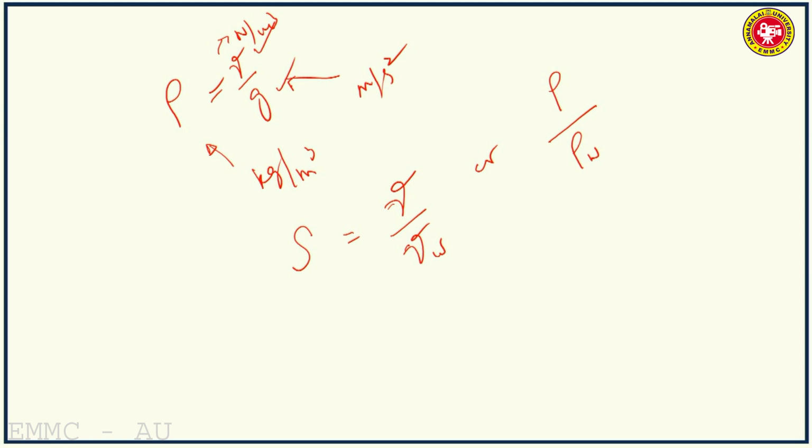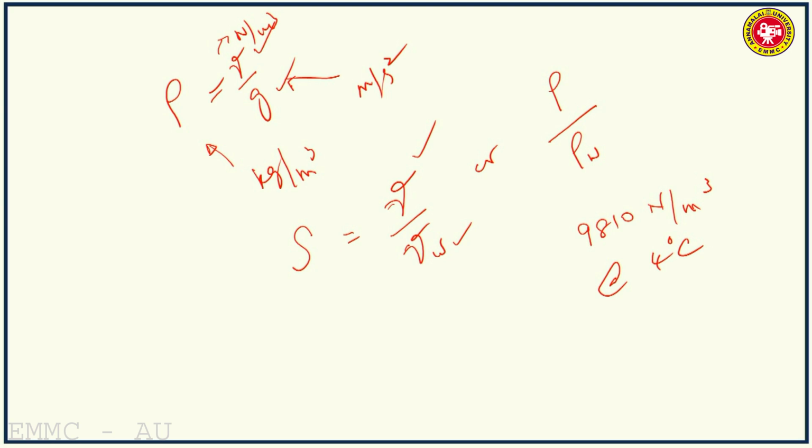So specific weight is known. Specific weight of water, again, let us assume it's not given. We will take it as 9810 Newton per meter cube at 4 degree Celsius. Nothing is told about the temperature, so we will assume the temperature as 4 degrees Celsius.